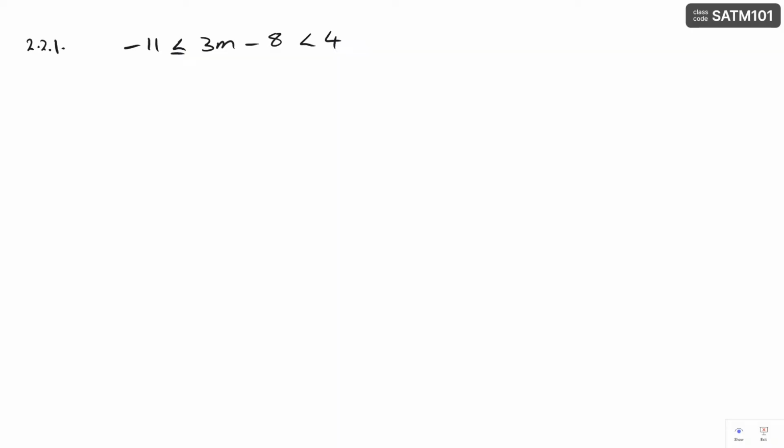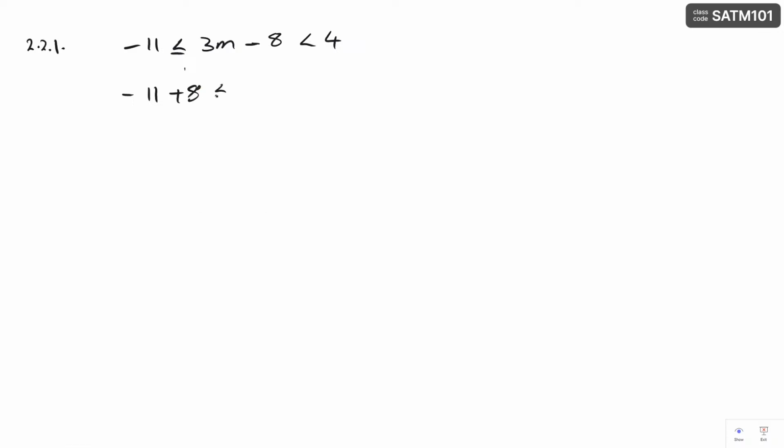For this one, what you need to do is take 8 to this side. If you take 8 to this side, you also need to add the 8 to the other side. So it's going to be negative 11. Since here 8 is negative, you say positive 8 here.